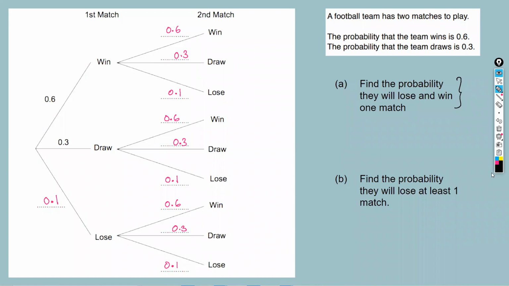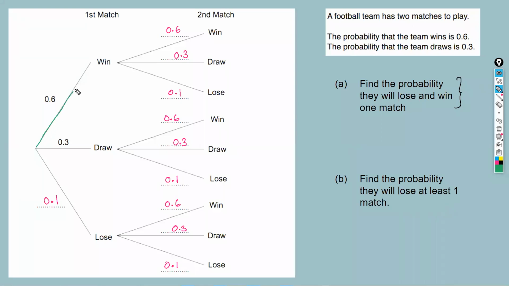So that means you could lose first and then win, or you're going to win first and then lose. But the point is you have to win one or lose one. So let's see the different possibilities. I'll put it in different colors here. Green. So it seems that you can do what first?